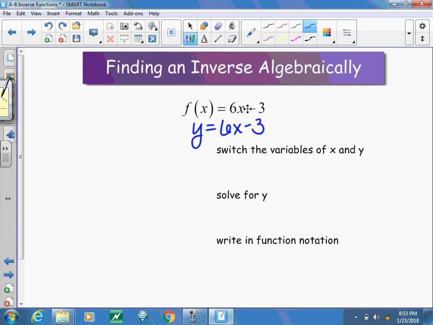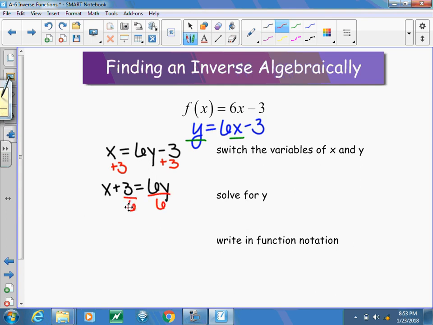So with finding an inverse, first of all, we're going to switch these variables of x and y. So now it's going to be x is equal to 6y minus 3. I'm going to solve this equation now for y, so that I would be able to easily graph this on my calculator because it's equal to y.